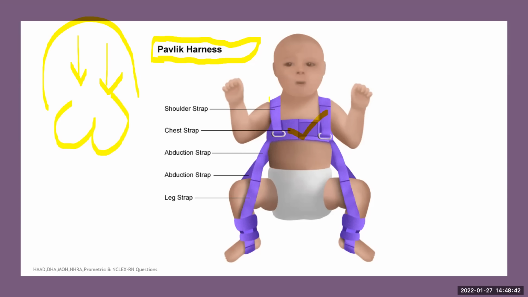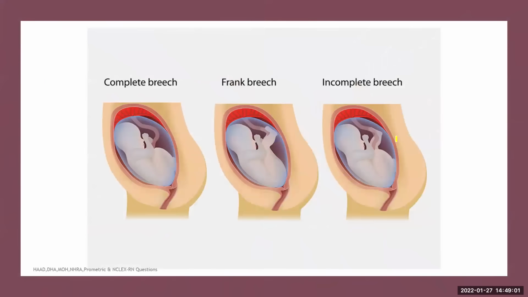So breech presentation causes congenital hip dislocation, and that can be treated by using a Pavlik harness. The basic reason for hip dislocation is breech presentation.